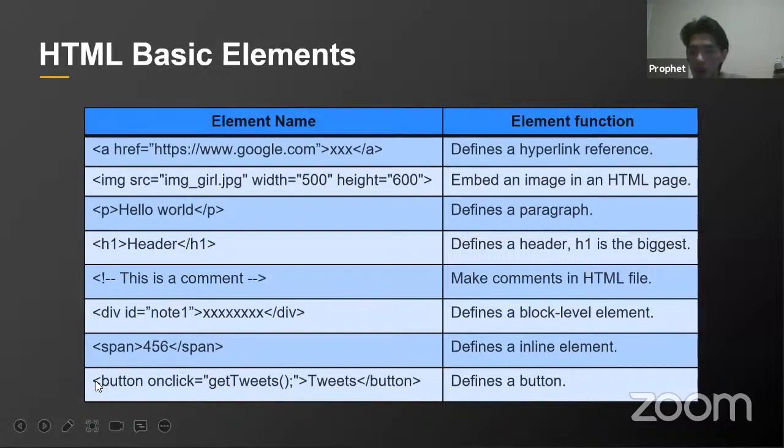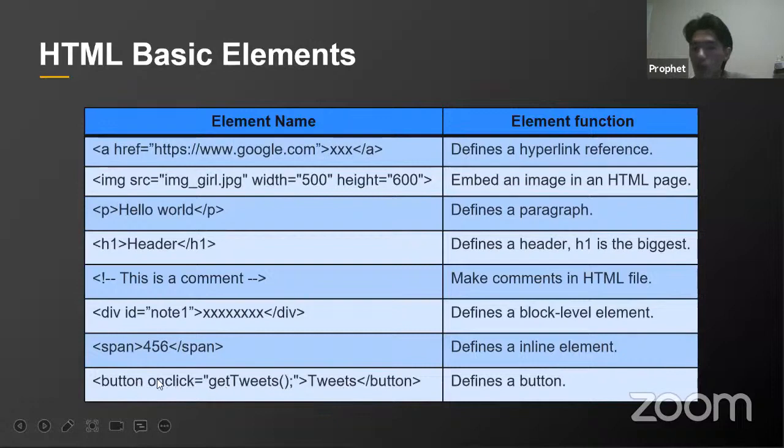Okay, and the last is a button. Like when you enter Google, right? You put some text in the input box, and once you click the search button, then the web page will help you to search, right? So this button gives an interaction path for the users to interact with the web page, and it has an attribute named onClick.